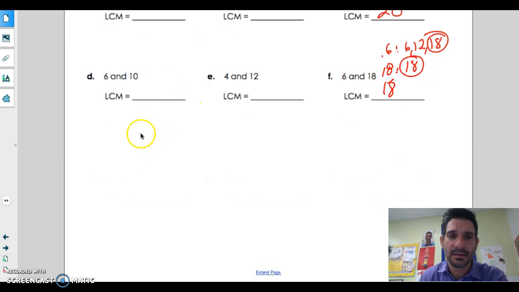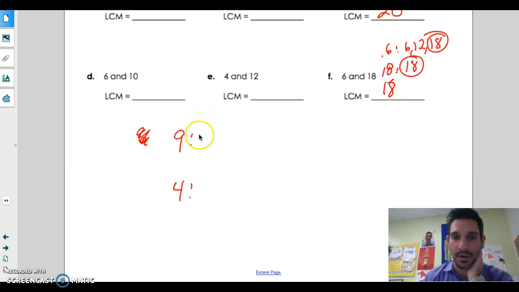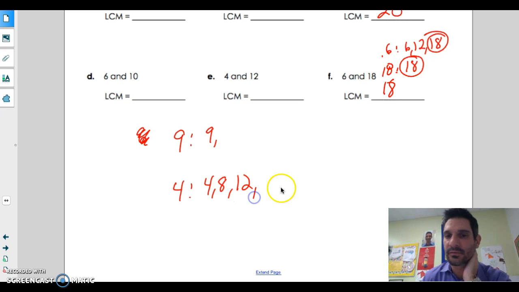Let's try, let's say, 9 and 4. Well, let's do 4, 8, 12, nothing. 16, nope. 20, nope. 24, nope. 28, 32, 36.